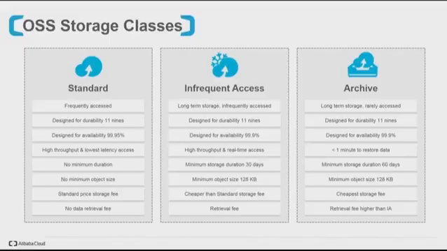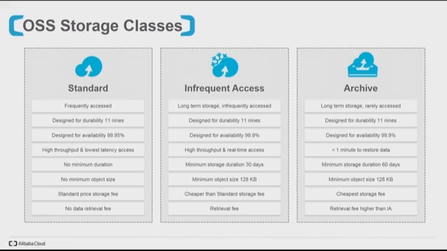As I said, there are 3 different storage classes: standard, infrequent access, and archive. Standard is frequently accessed, infrequent access is long-term storage but not very frequently accessed, and archive is definitely a cold storage, which you rarely access. All 3 are designed for 11 nines of durability, and 99.9% availability is guaranteed.